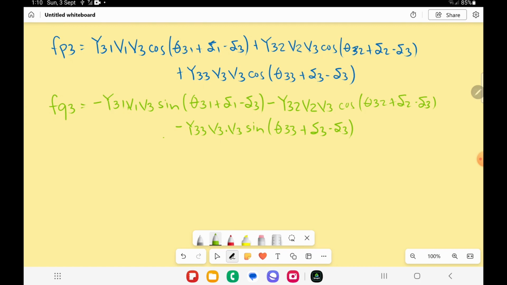So we completed the required equations for P2, P3, and Q3.